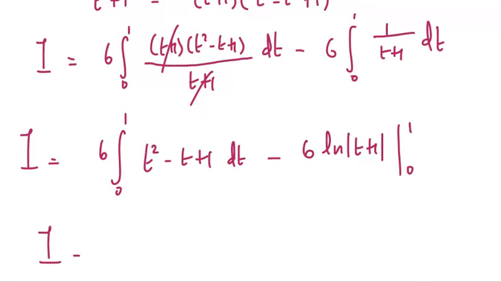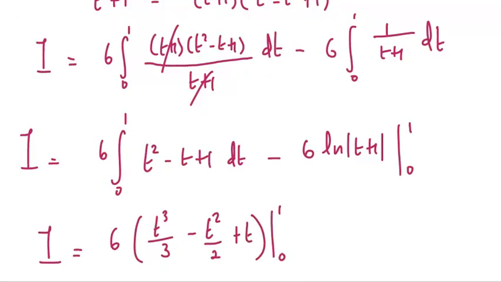So from here, I is equal to 6 times, now the integral of t squared will give us t to the power of 3 divided by 3, minus the integral of t, which gives us t to the power of 2 divided by 2, plus the integral of 1 with respect to t, which gives us t, limit running from 0 to 1. So here we're going to put in the upper limit first, and that will give us natural log of 2, minus, with the lower limit, natural log of 1.